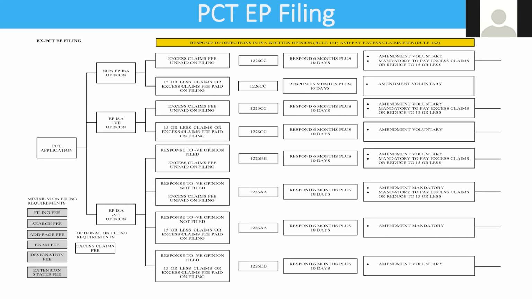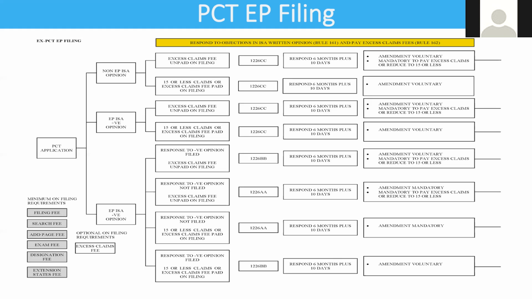So this chart shows different scenarios depending on whether the International Search Authority was the EPO or not. The chart has 2 pages. The page that we're looking at shows the docketing scenarios for responding to the PCT written opinion and payment of excess claim fees. That is associated with Form 1226AA, 1226BB, and 1226CC.